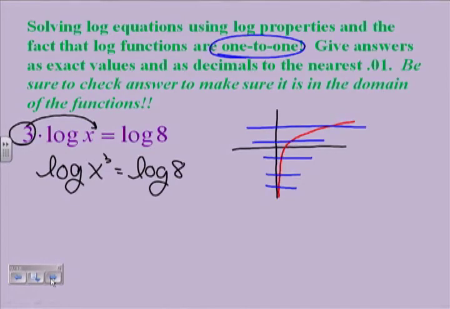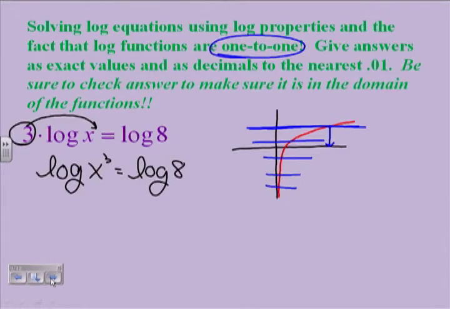Anywhere I would draw a horizontal line, I will only cut that curve in one place. Now that means that if these two outputs are equal, the only way that can happen is if they have the very same input, because they're 1 to 1 and every output has a unique input.